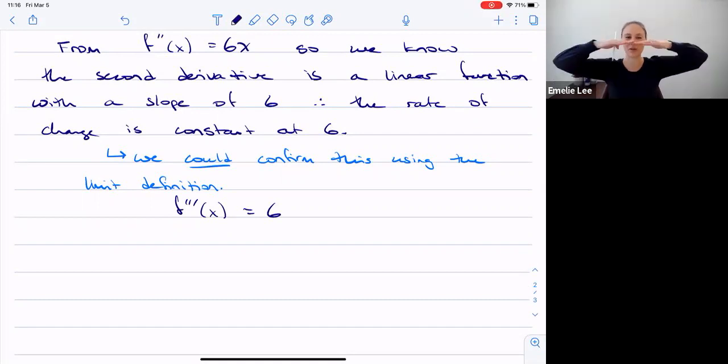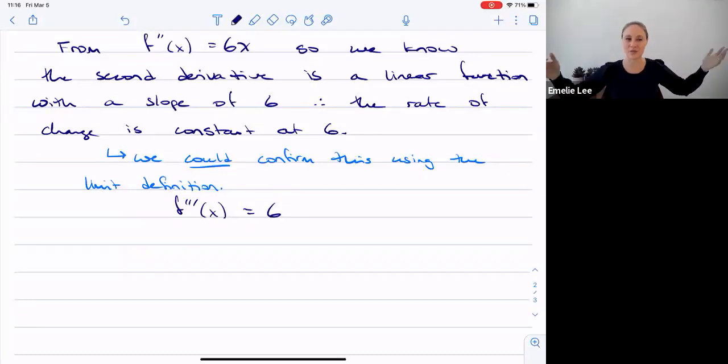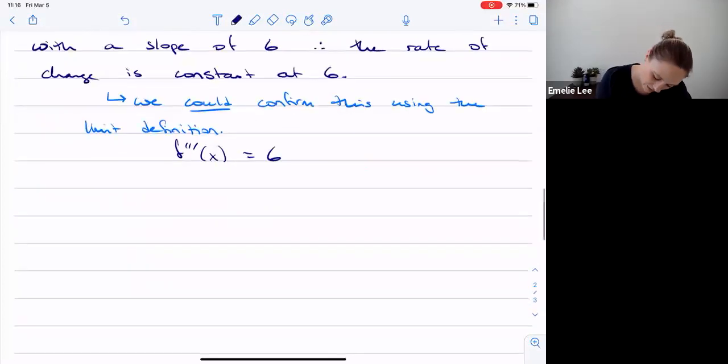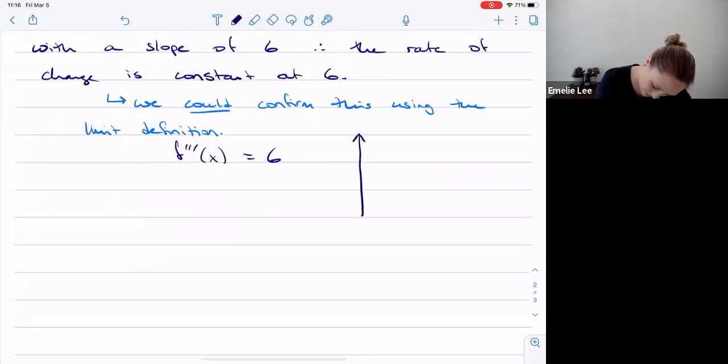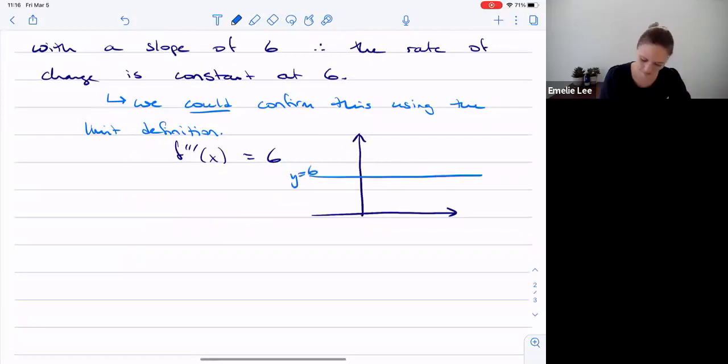So if you think about a straight horizontal line at 6, well, now there is no slope, right? The slope is 0. So then the slope equals 0.